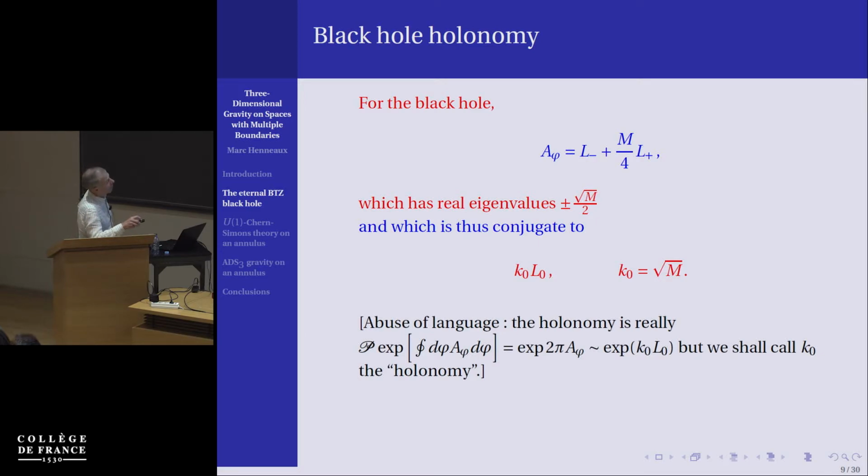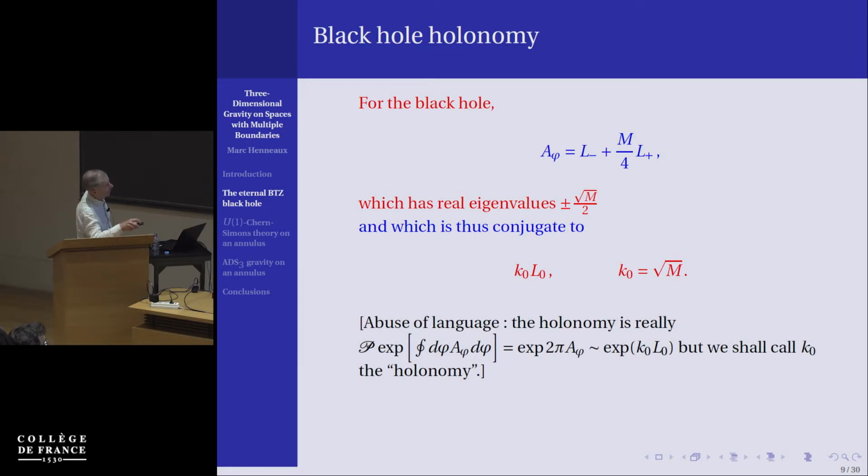Now actually the holonomy is really what you would get by integrating this, so the path-ordered exponential of the connection around the circle. This is what you really call the holonomy, but because this does not depend on phi, there is no path ordering to worry about, and the matrices commute at different values of phi.